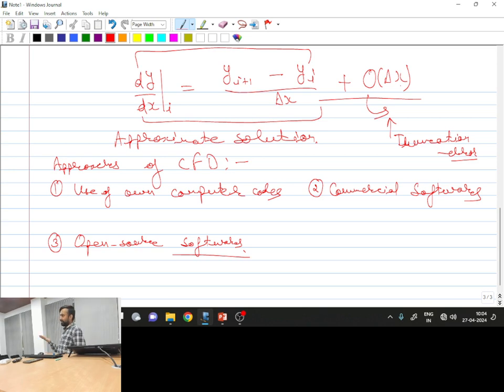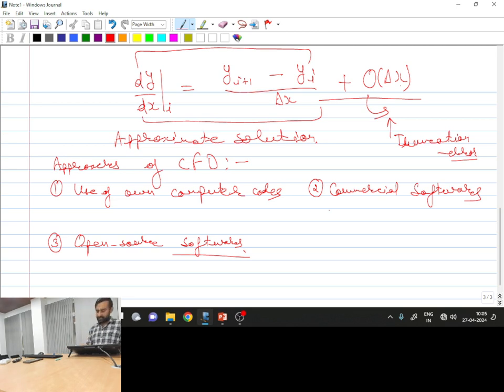Typically, whenever the field of CFD was evolving, initially people started with writing their own codes. But later on, some of the codes became so robust that they were commercialized for the majority of generic phenomena, and then the evolution of commercial CFD softwares took place.